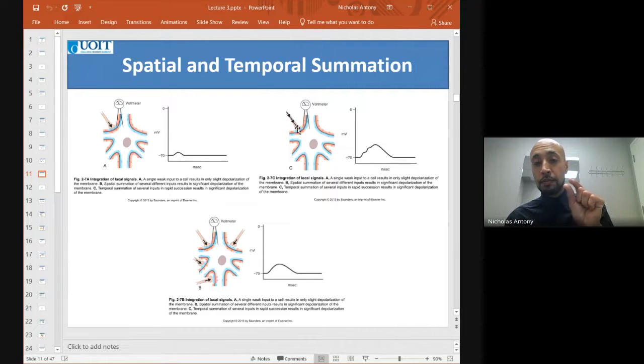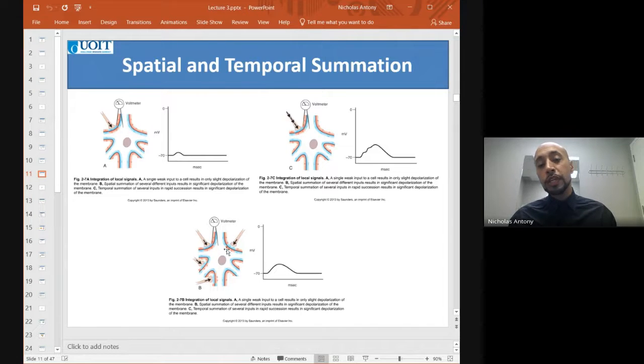So the same local potential location is being activated multiple times, or if we have multiple local potentials occurring at different sites of the dendrites, those will all sort of add up. So here we have temporally, we can see that the charge is building up, versus if we add spatially, we get a much larger response than would be if we just had one local potential.